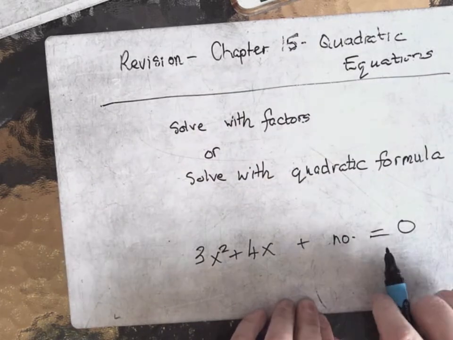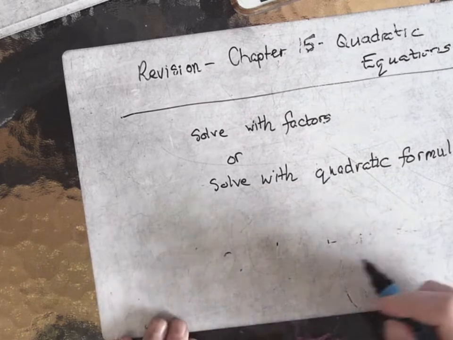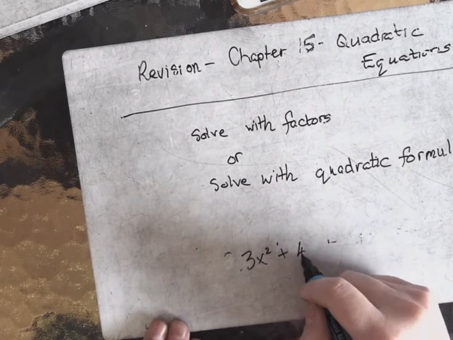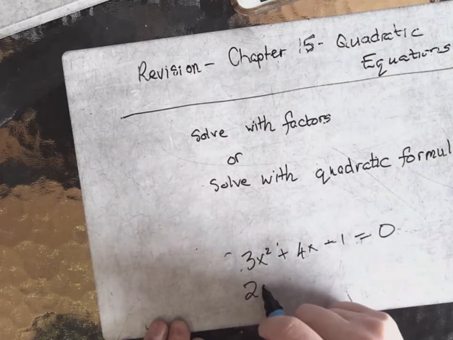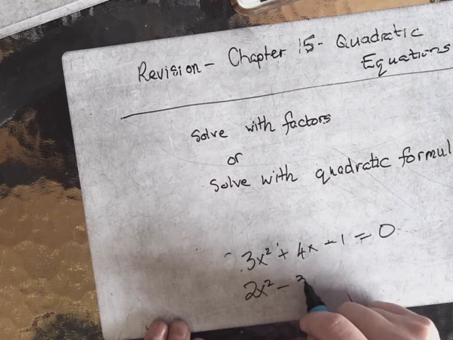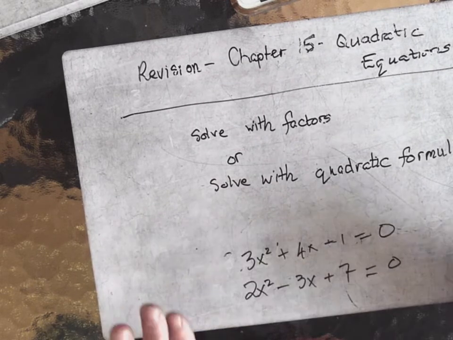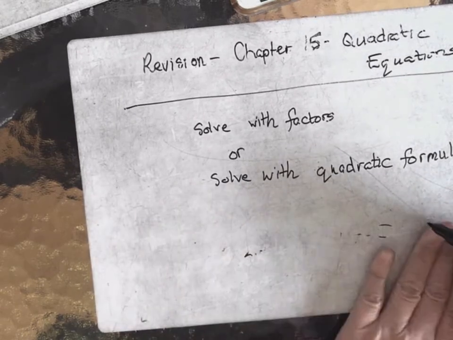An equation means it has an equal sign, right? So an example of a quadratic equation would be something like 3x squared plus 4x minus 1 equals 0, or 2x squared minus 3x plus 7 equals 0, etc. Right? So x squared term, x term, number, equal to 0.